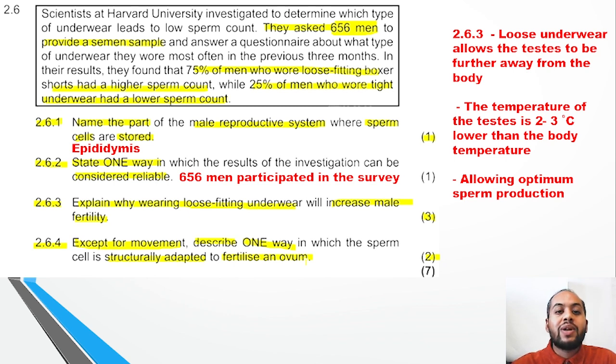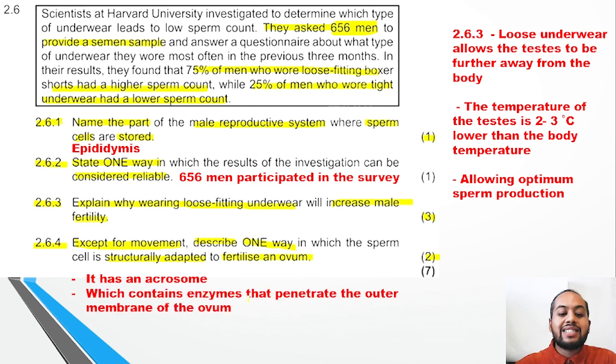Which part is going to allow it to fertilize the ovum? So the head is going to comprise of an acrosome. The acrosome consists of lytic enzymes, and those enzymes are going to help to penetrate the outer membrane of the ovum. So what is the one way? The head is going to comprise of the acrosome, which contains lytic enzymes that helps to penetrate the outer membrane of the ovum. 2 marks for 2.6.4.